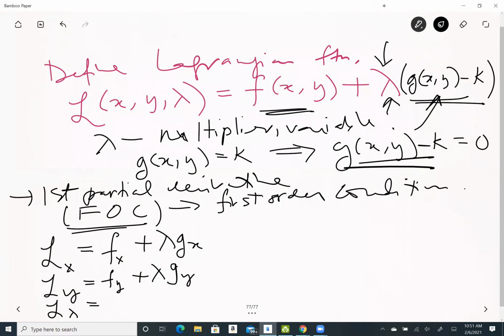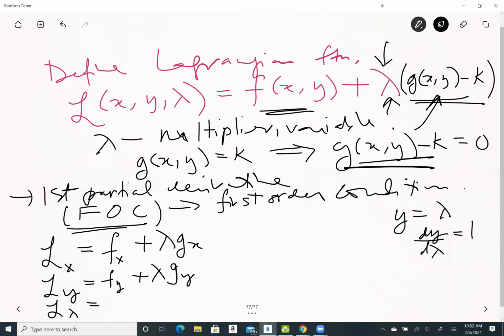So if y equals lambda, what is dy d lambda? It is 1.